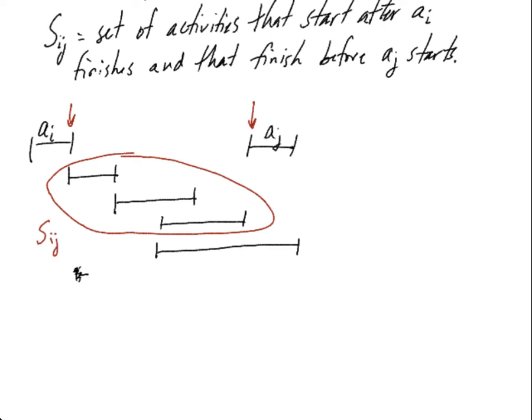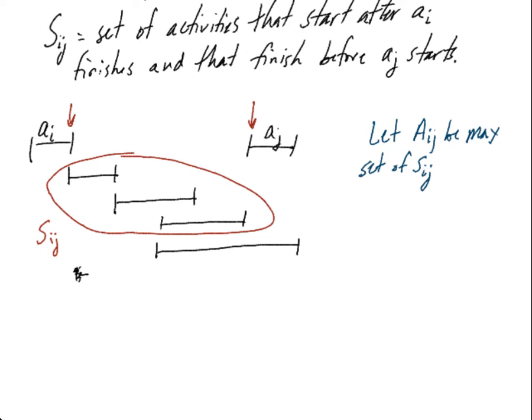Okay, now we want to define A_ij to be the maximum set from all S_ij. So what would be the maximum set here? Well, there are actually a couple of choices.